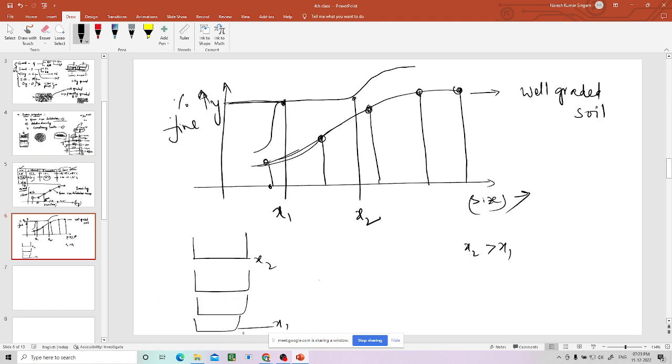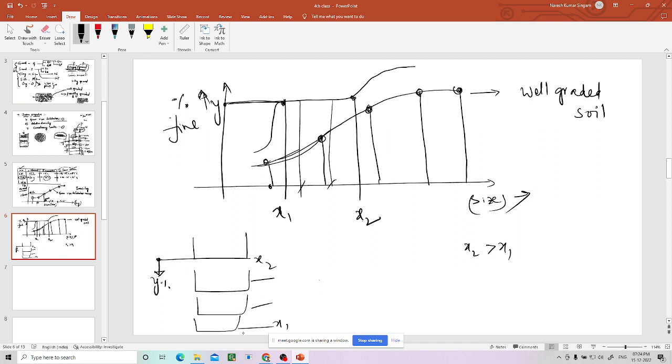Now what is happening for x2? What is the percentage of finer? y1. So y is passing through this. The passing percentage of the soil is y. Now, what happened? Take another size in between x2 and x1.